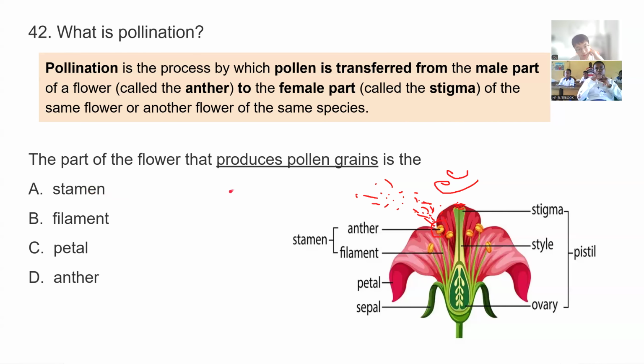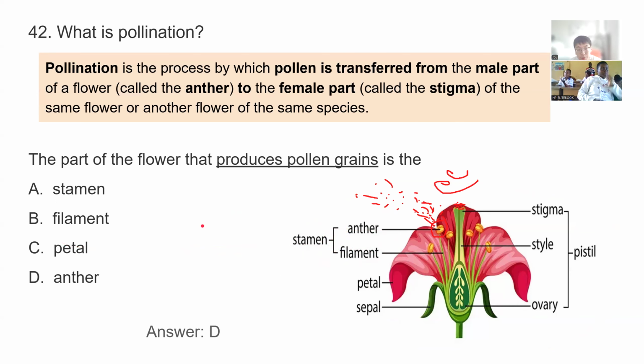And can anyone answer this question? The part of the flower that produces pollen grains is called. It's A. If you're talking about the stamen, that would be the part of both the male parts.